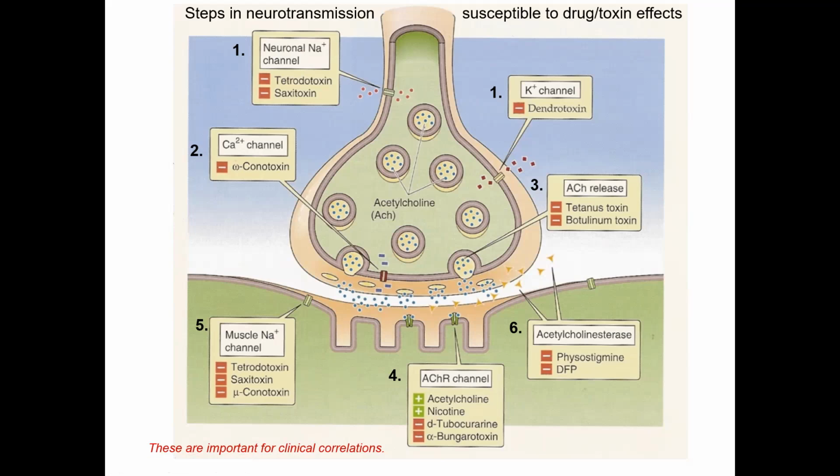What this drug does is that its structure is very similar to acetylcholine. If you apply it, then the drug comes here and binds with the acetylcholine receptors, like acetylcholine, and also opens the receptor. So it is like normal acetylcholine.